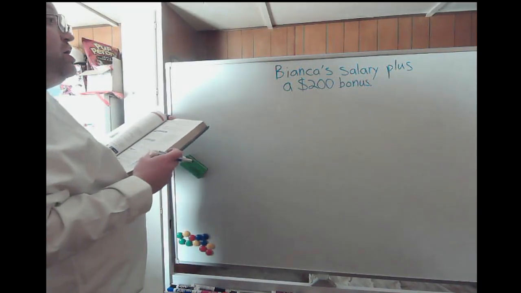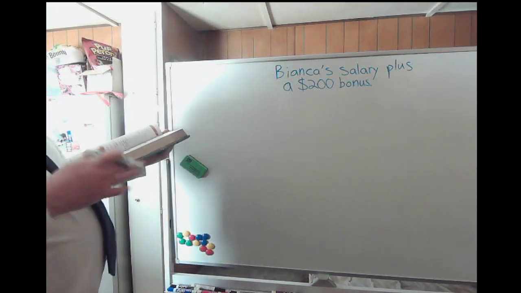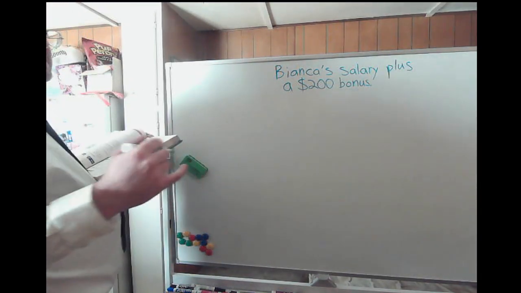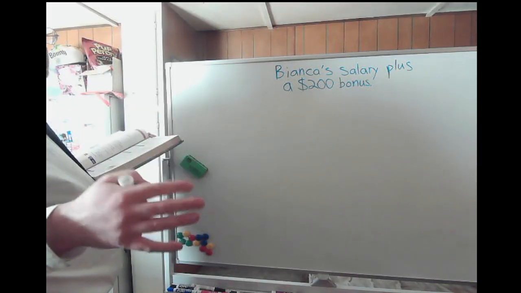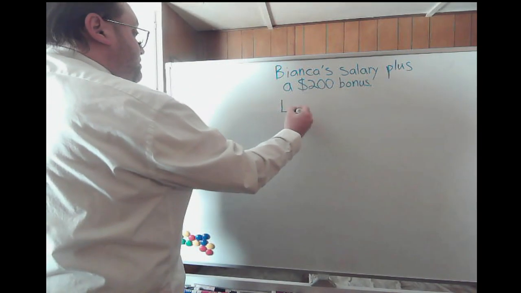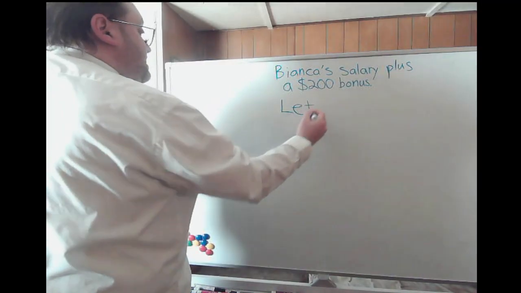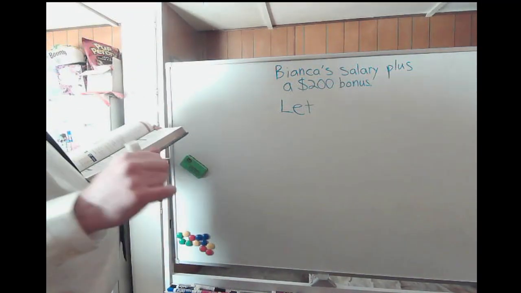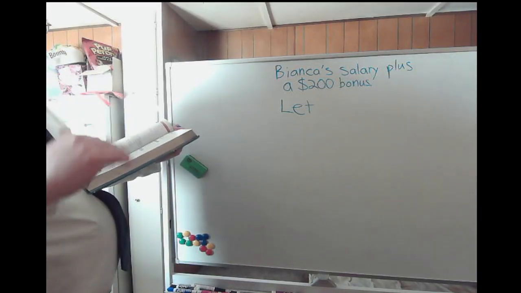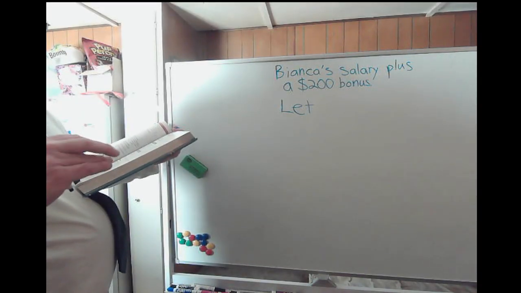So whenever you're trying to define a variable, what you want to use is called a let statement. And if you've been with me since basic math, we've used some let statements. So this will be a little bit of a review. We'll say, pick an appropriate variable, just don't pick E or I. E and I actually have numerical values that we're not going to get into in this course.